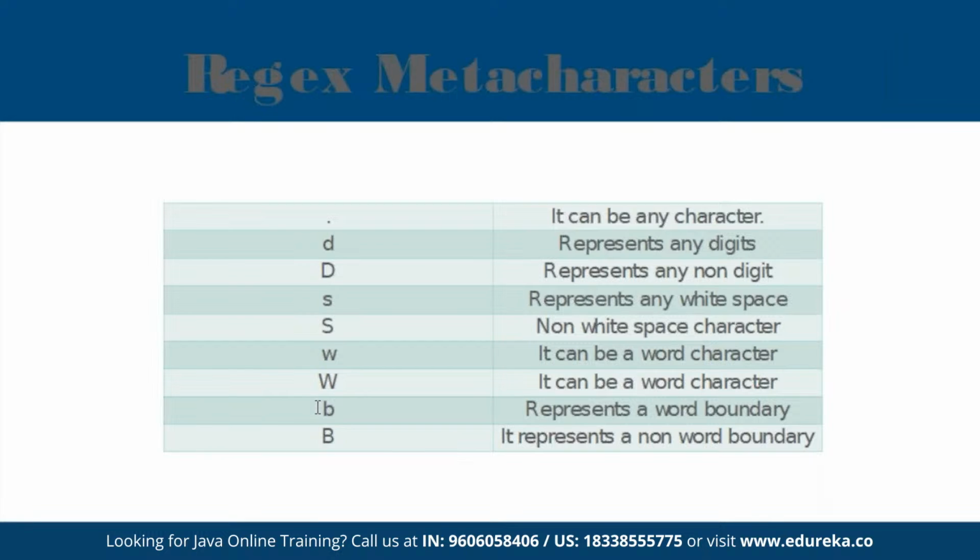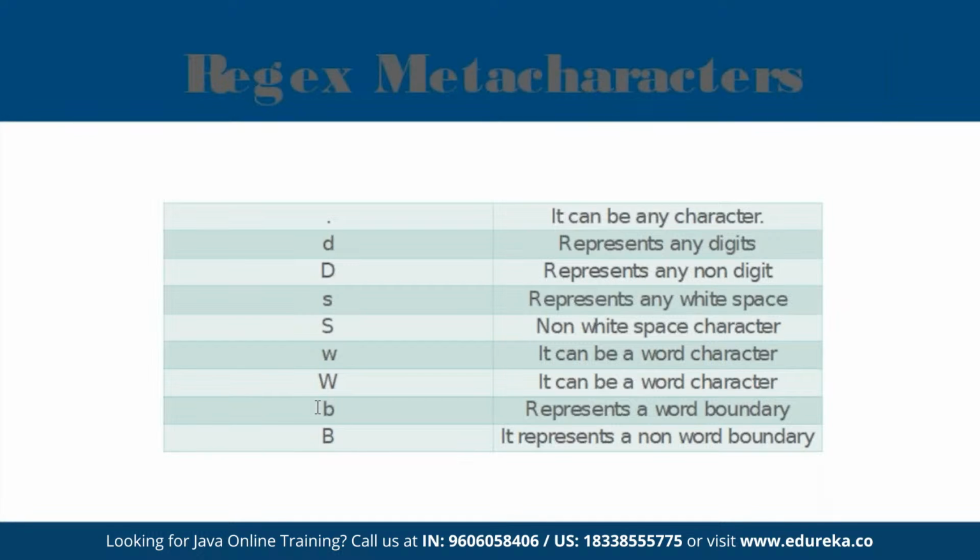Capital D represents any non-digit, the negation of 0 to 9. Small s represents any white space character. Capital S is for a non-white space character, that is the negation of small s.